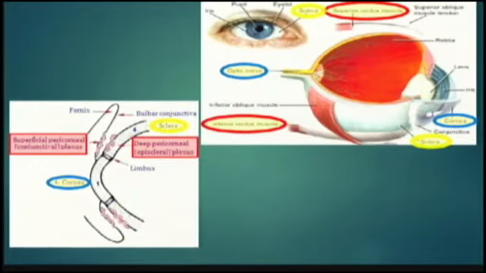As Dr. Turki may have discussed last week, the limbus, the junction between the cornea and the sclera, has most of the vascularization, and most of the immune events happen in that area.